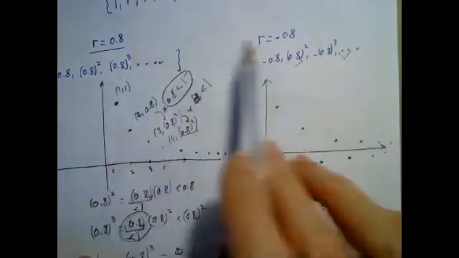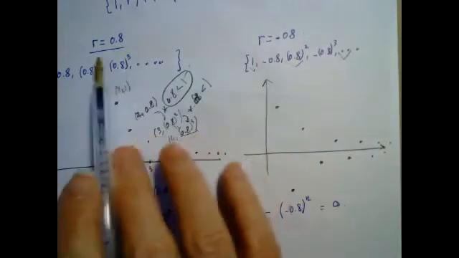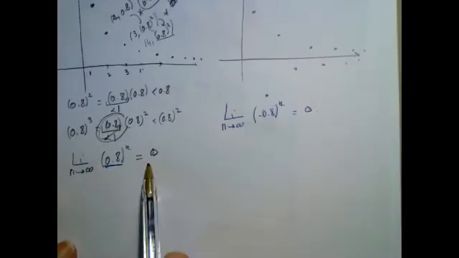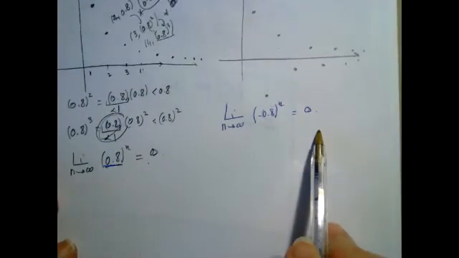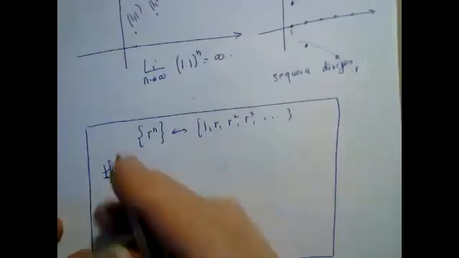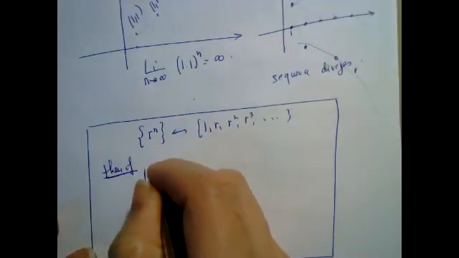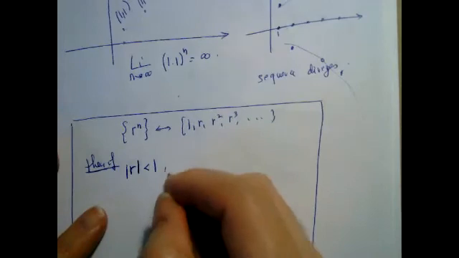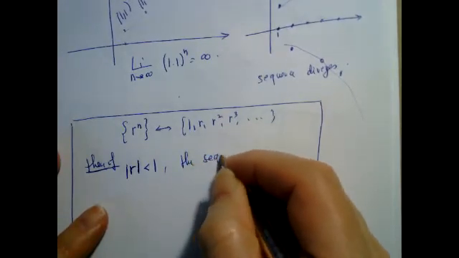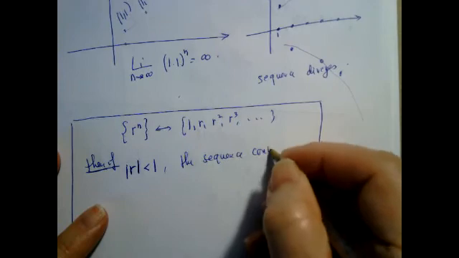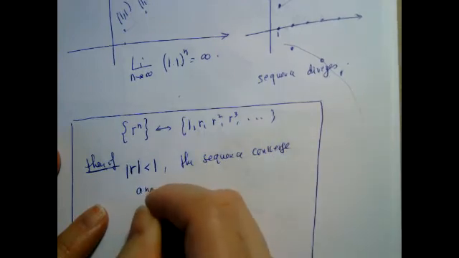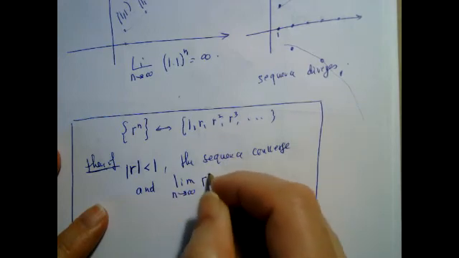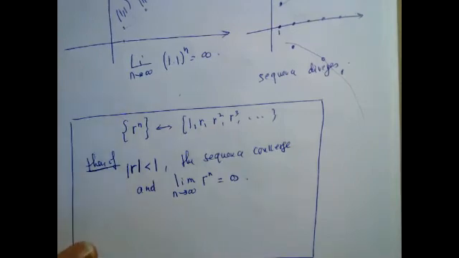If r is less than 1 in absolute value, whether it's positive or negative, the sequence will converge, and the limit is equal to 0.